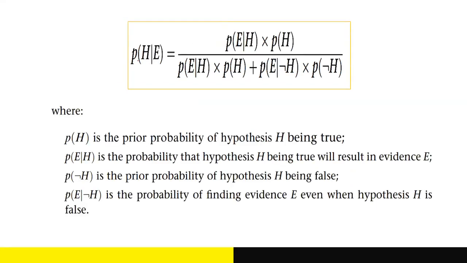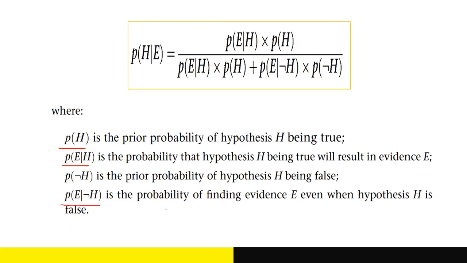The probability of H given E is equal to the probability of E given H, which is the probability that hypothesis H being true will result in evidence E, multiplied by the prior probability of H, the prior probability of hypothesis H being true, and then divided by the probability of evidence given hypothesis multiplied by the prior probability of H, plus the probability of evidence given not hypothesis.